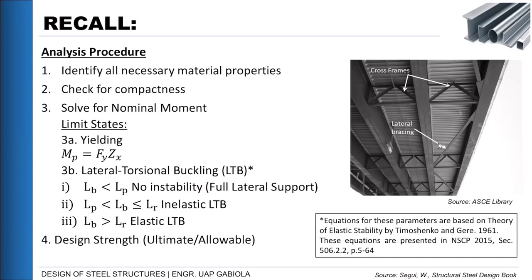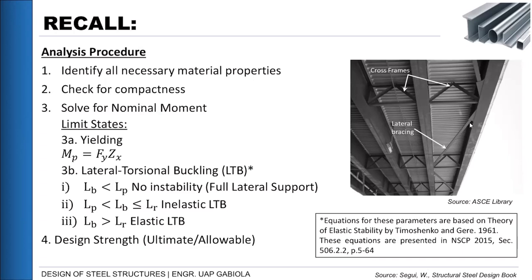And as you can see in this picture, it's connected to the bottom flange to control any buckling in that area. Because the top already has a slab, it is fully braced in that area, since the slab can resist our sideways forces, or the lateral forces on the side. So there is no need at the top, and bracing was placed only at the bottom as reinforcement against the lateral forces at the flanges.